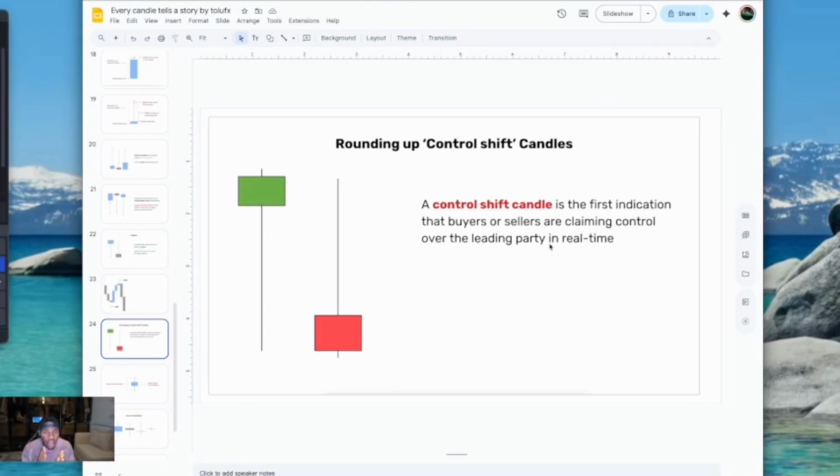We have a bearish and a bullish control shift candlestick. The moment you see each of them, what you want to see is whether buyers or sellers are trying to take over. Once you know these things and use them in the right context, you can use them as a confluence. It doesn't mean that if you trade smart money, you need to abandon your smart money concepts and start focusing on candlesticks. No, you can just add them as a confluence in your trading.